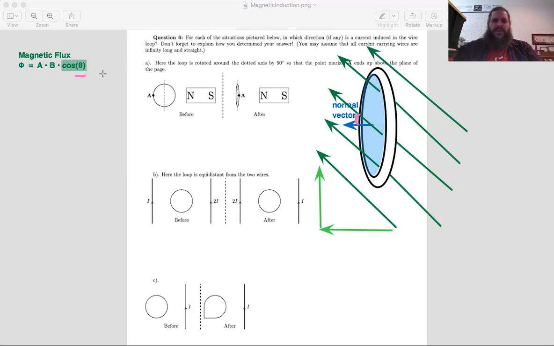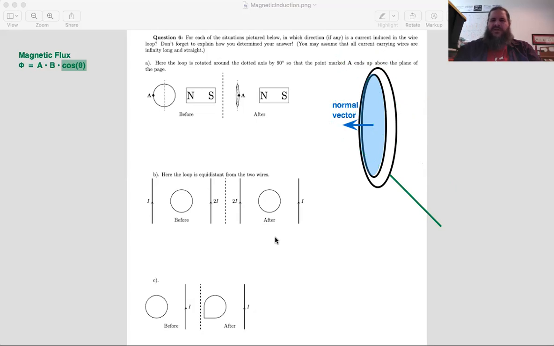No. And what angle would lead to cosine being the largest? 180. Yeah. Well, actually, if it's 180, if they're exact opposite directions, let's say you have field lines that are pointing exactly the opposite direction to the normal vector, so looking like this.